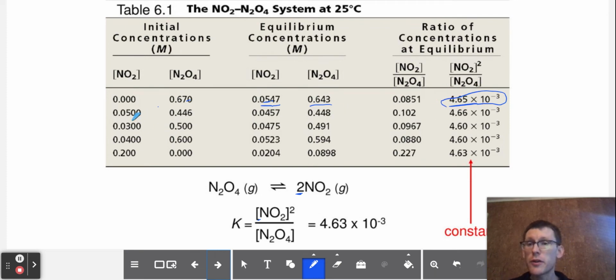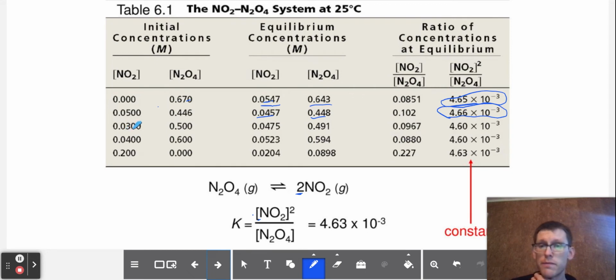Now, if you started with a different system where there was a little bit of NO2 to begin with, and this amount of N2O4, notice you've got less N2O4 to start with, and you've gone from 0 NO2 to some of it. Well, even so, the equilibrium would still be established where the quotient of concentration of NO2 squared divided by the concentration of N2O4, those values being here, will come out to the same thing that we had in the previous scenario.